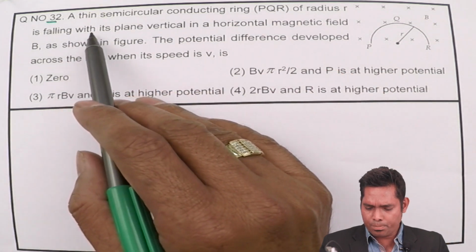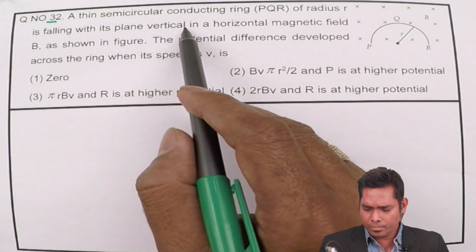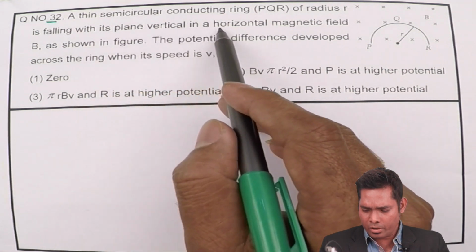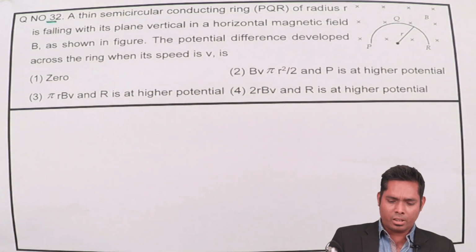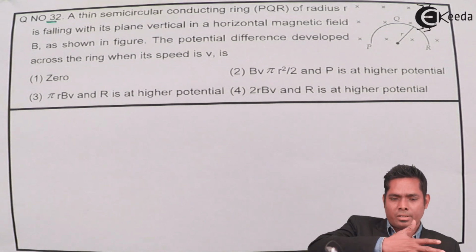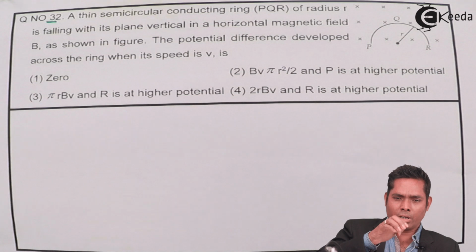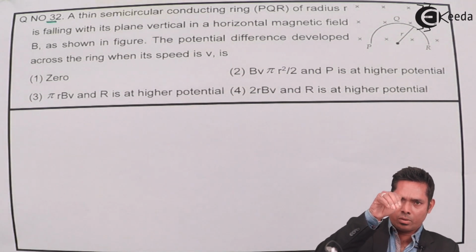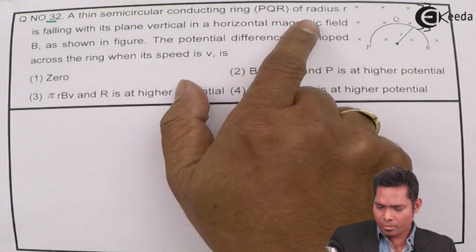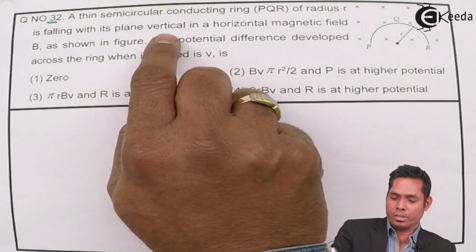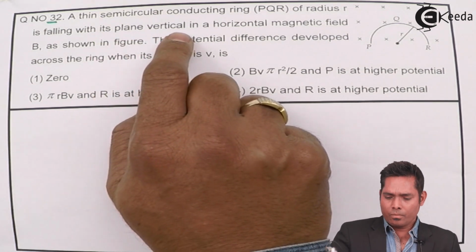It is falling with its plane vertical in a horizontal magnetic field. That means if the horizontal magnetic field is in this direction, then the semicircular ring is falling with its plane vertical.